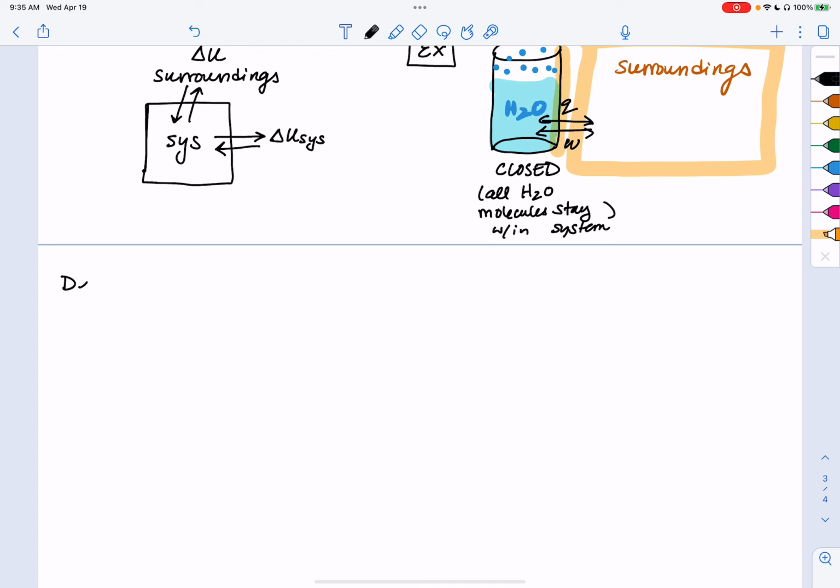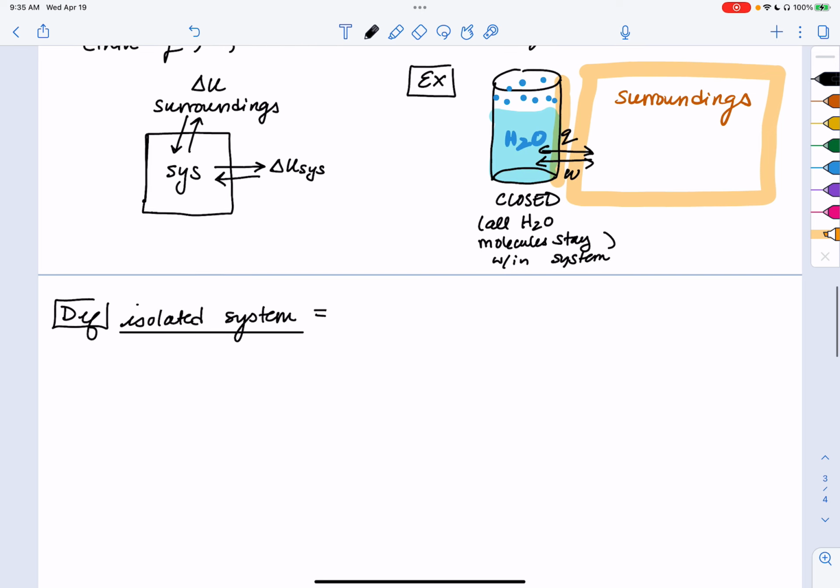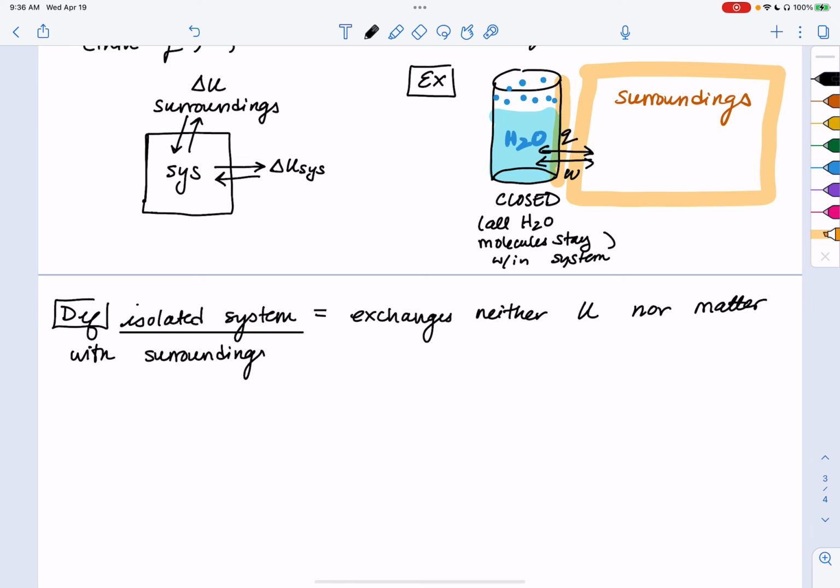Now, how is that different from an isolated system? An isolated system is a closed system, but with a little bit more attached to it. An isolated system exchanges neither energy nor matter with the surroundings.